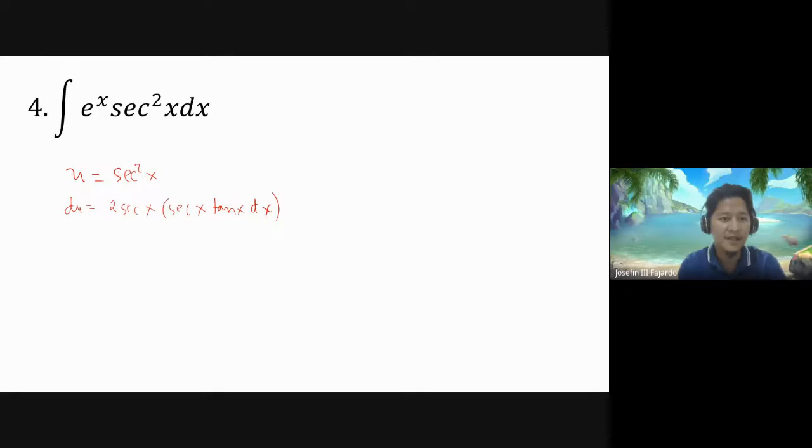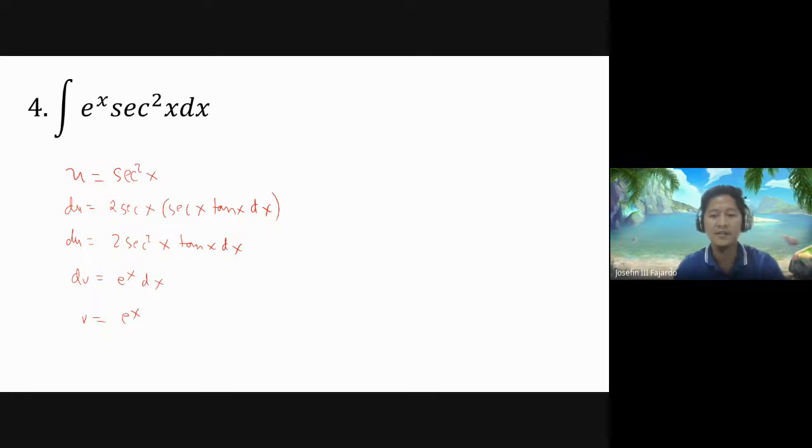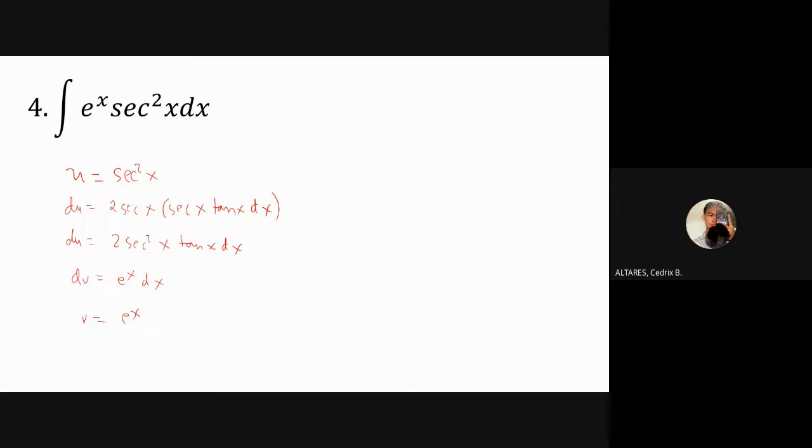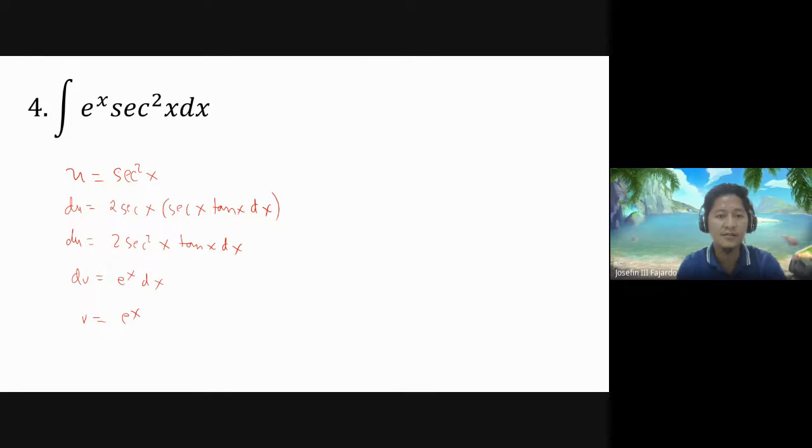Okay, so du natin, ulitin as 2 secant squared x tangent x dx. Right? So, dv natin, e to the x dx. V natin, e to the x. So, nangyari dito, di ba, uv minus integral of v du.